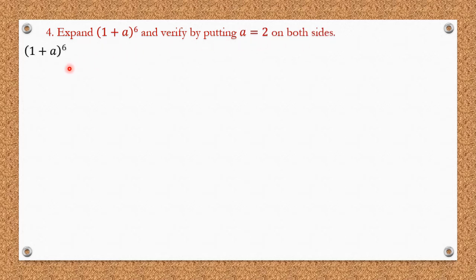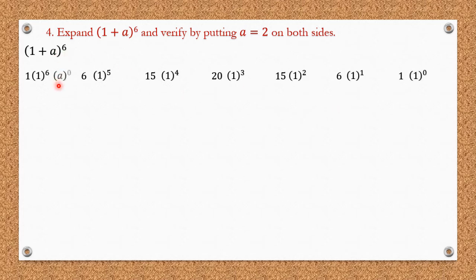So (1 plus a) raised to 6, because the power is 6, my coefficients will be 1, 6, 15, 20, 15, 6, 1. The first term is 1, so 1 raised to 6, 5, 4, 3, 2, 1, 0. A raised to 0, 1, 2, 3, 4, 5, 6. And because there is a plus sign, plus, plus, plus, plus, plus, plus.